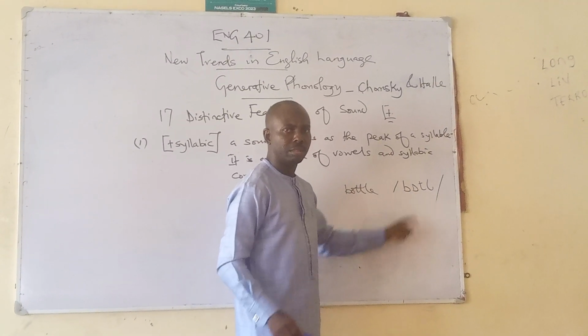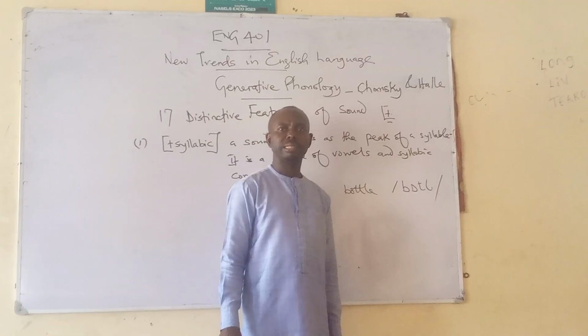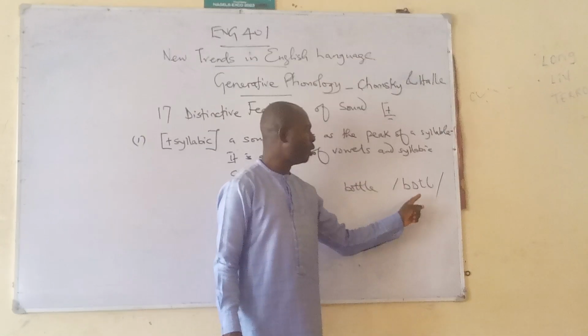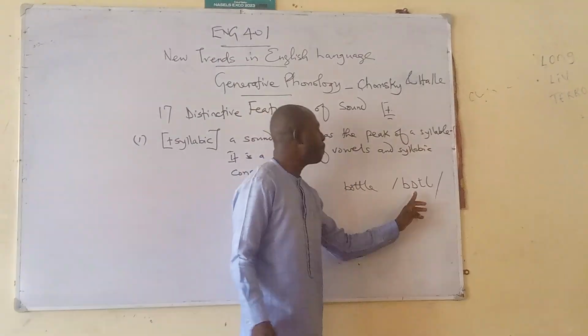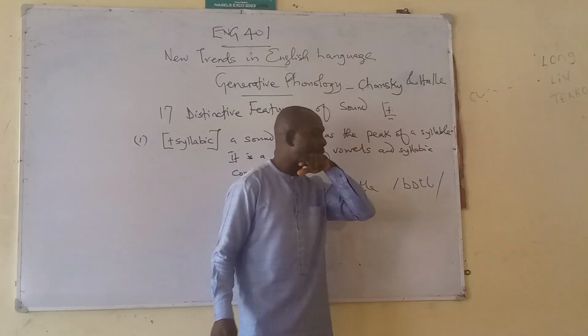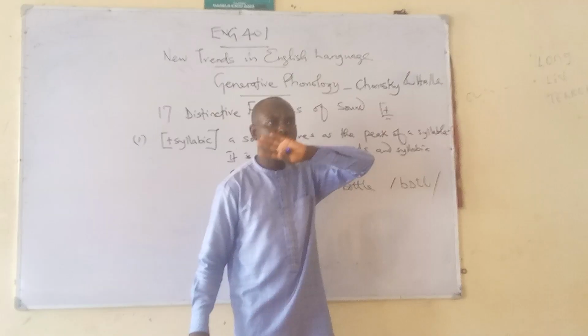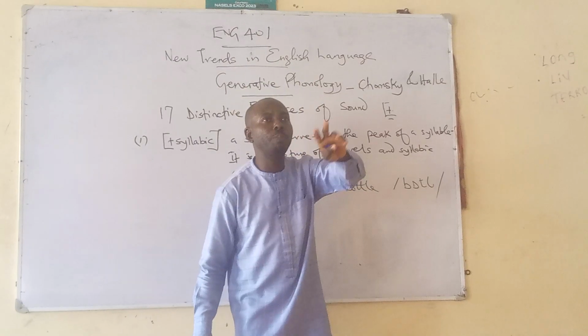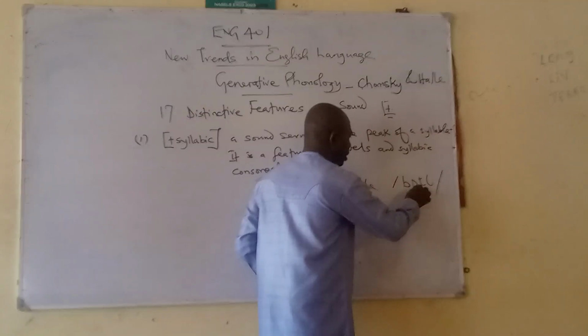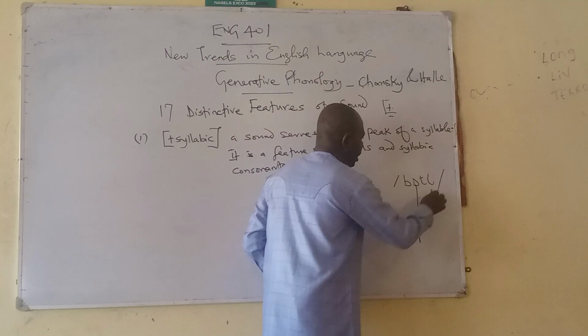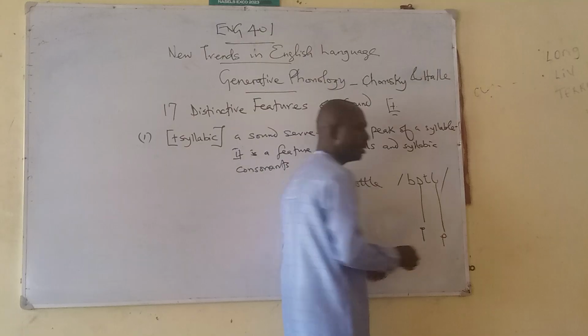You have forgotten what we did. Did the first syllable end with O? It cannot end with O. Okay. Identify the peak. If you agree that there are two syllables here, it will mean that there are two peaks. Now, what are the two peaks that we have here? This O is a peak here. This is also a peak.